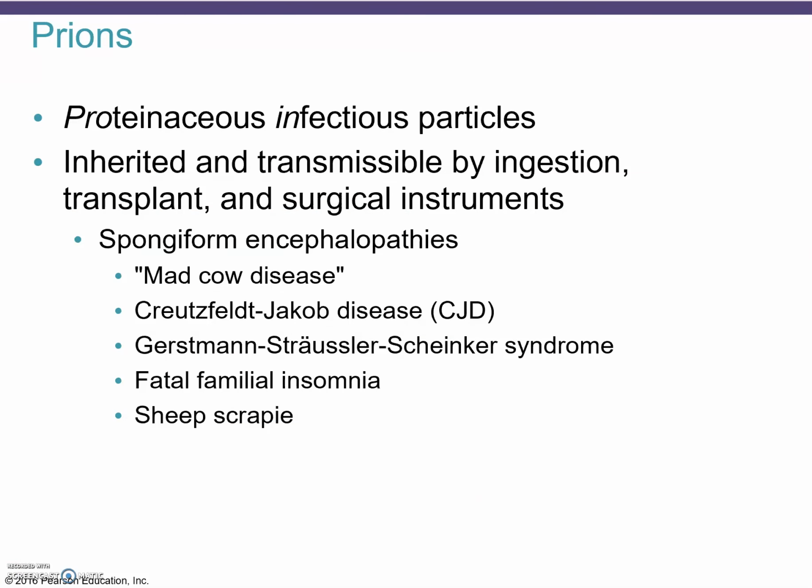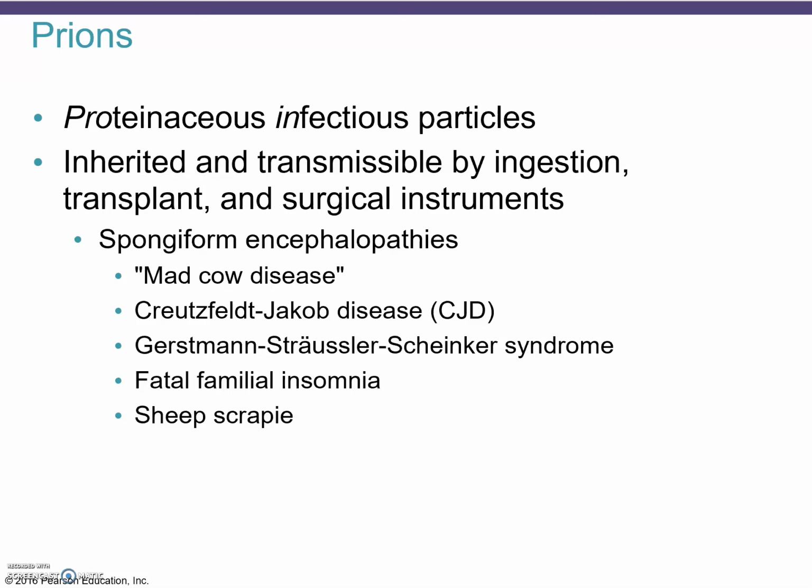So to tie everything together, we have a couple more things, and one infectious particle that we mentioned here is prions. Those are infectious protein particles, and there are some important pathogens here. These are fairly rare diseases, but if somebody gets those, then it's most of the time fatal.